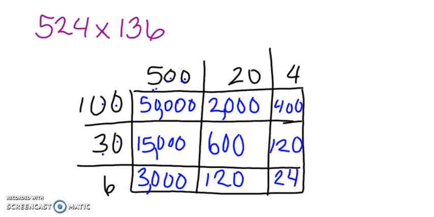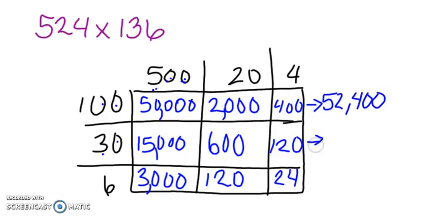So now I can go ahead and add up my rows, and then I can add up to find what the total product is going to be with all of these partial products that I have found. So if I'm going along this row right here, I can very quickly and easily see that I have 52,400.